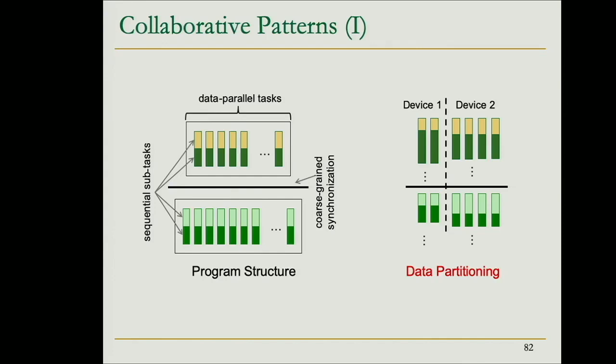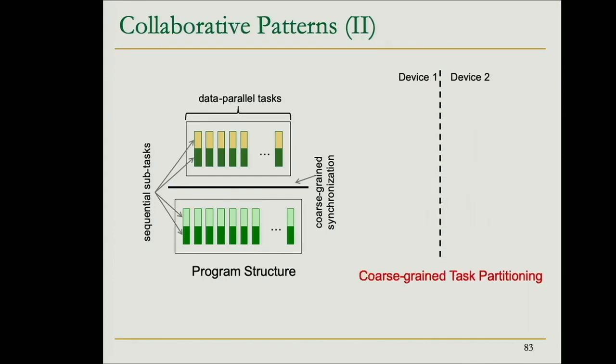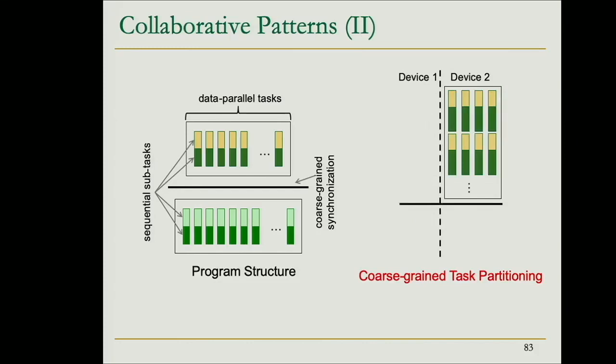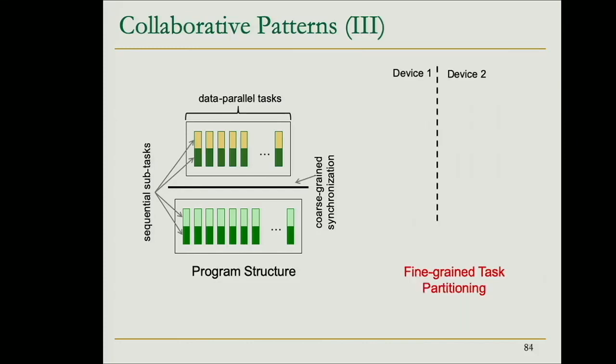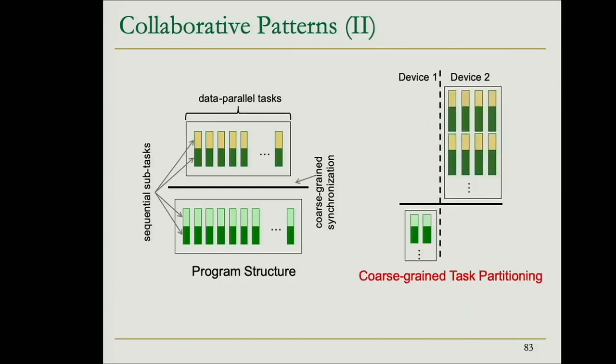So one thing I can do is some sort of coarse-grained task partitioning where I run all this computation in device 2 and all this computation on device 1, right? In principle, you see that in this picture you don't see any concurrency. You don't see device 1 and device 2 operating at the same time, right?